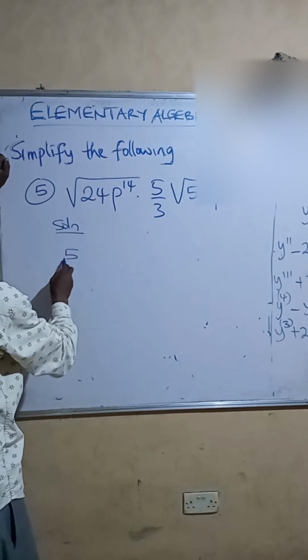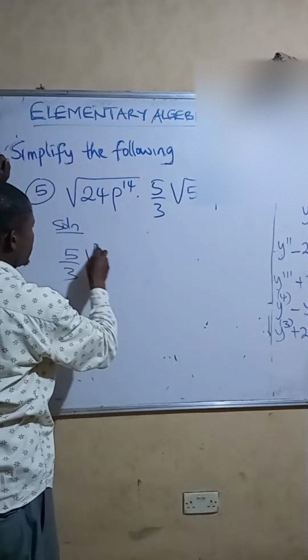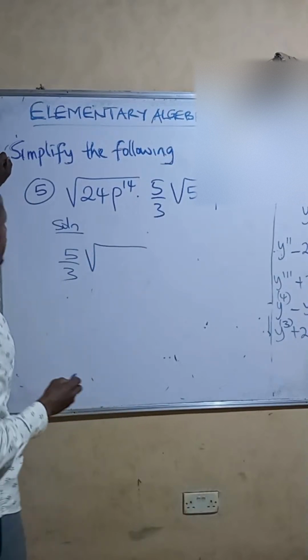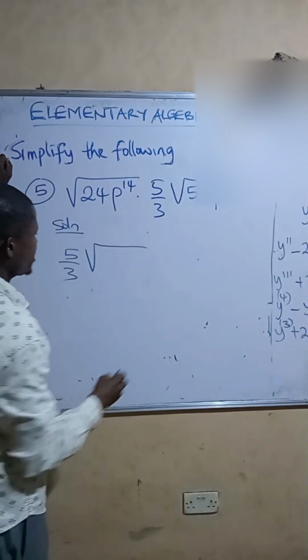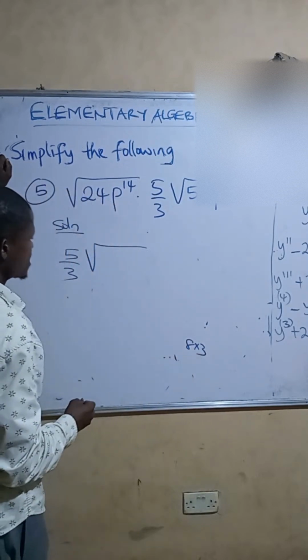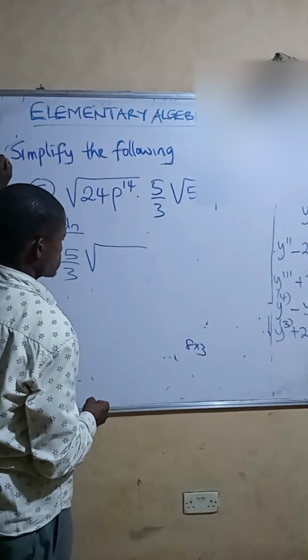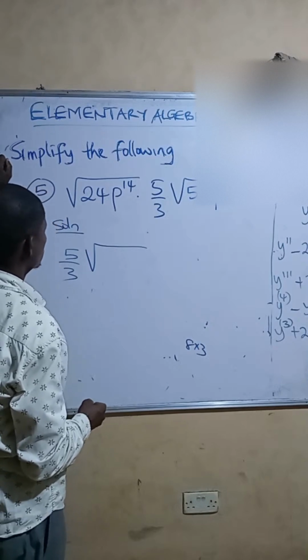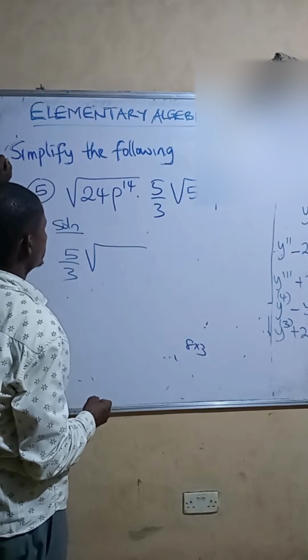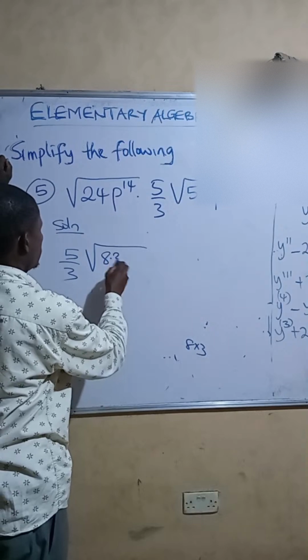On question 5, this one we can take it out. Solution, that'll be 5 over 3, this square root. So we're going to have 24. 24 can be 8 and 3. 8 times 3 for 24.